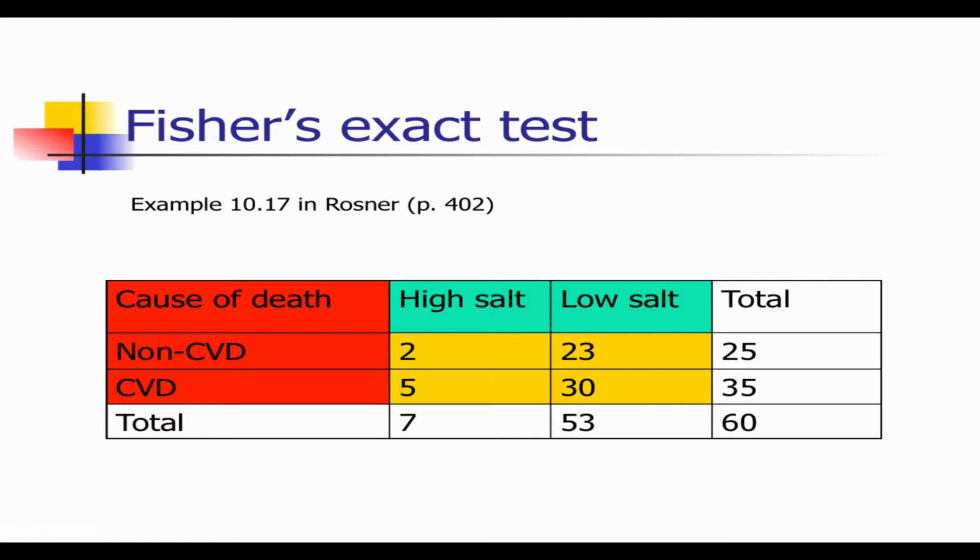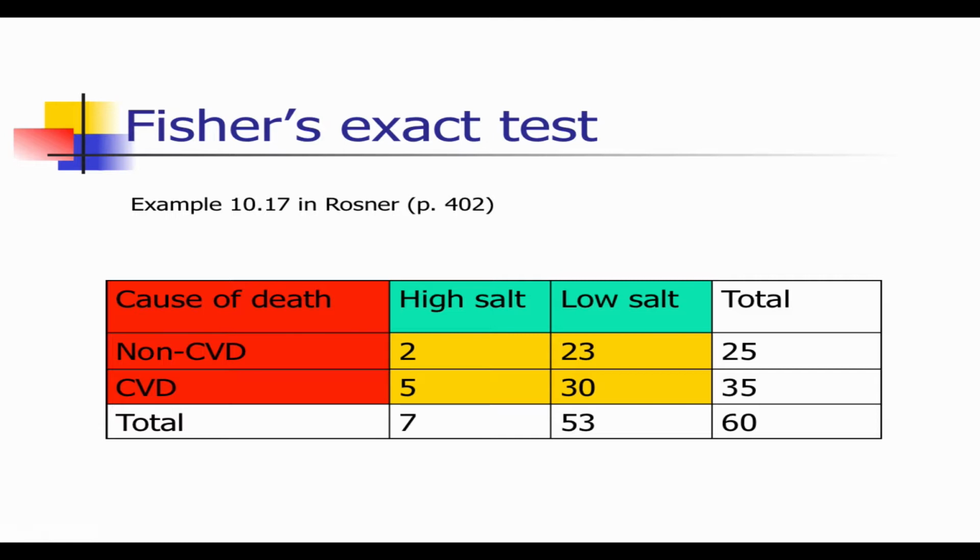So how do you perform a Fisher's exact test? Although it's testing the same hypothesis, it actually uses a very different rationale compared to a chi-square test. Fisher's exact test is based on conditional probability.